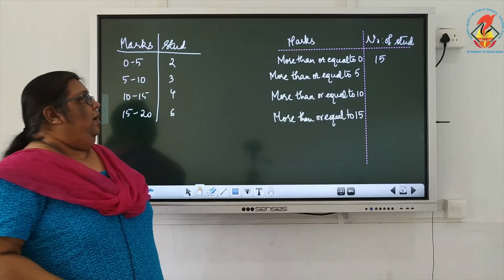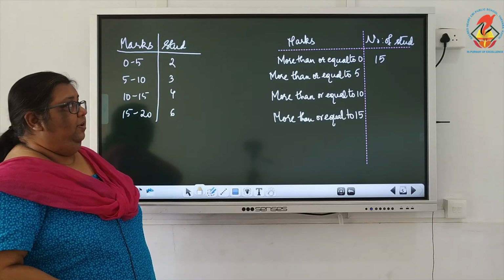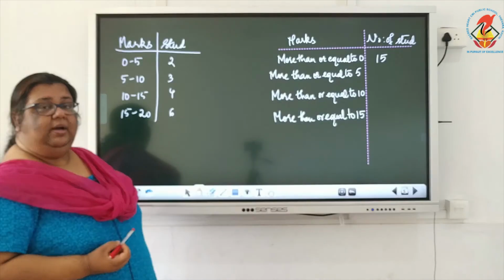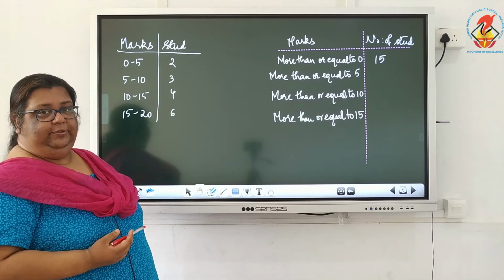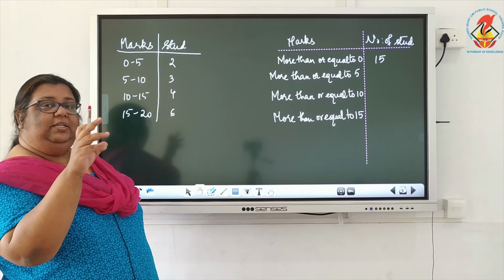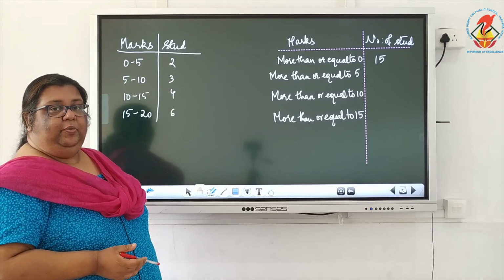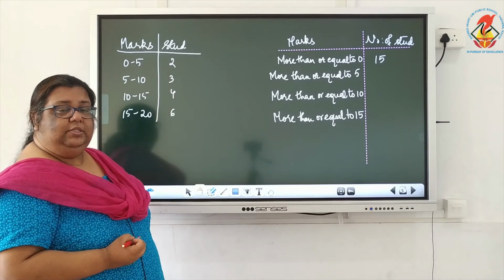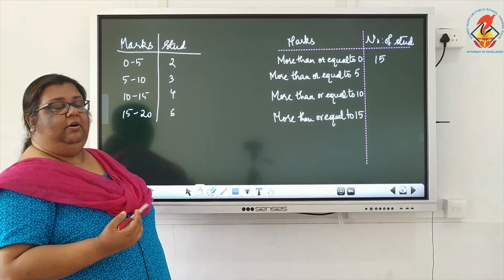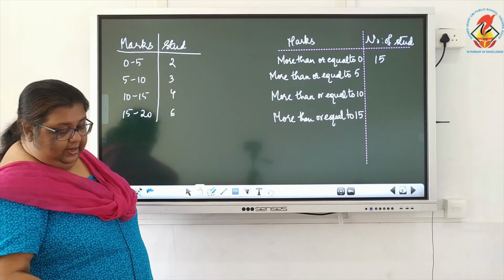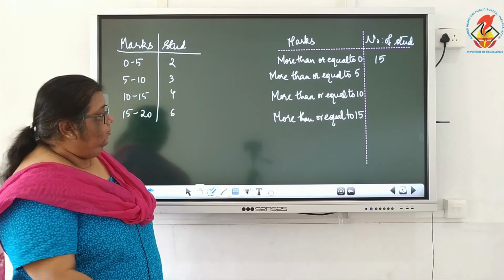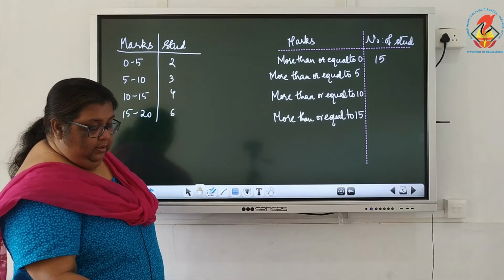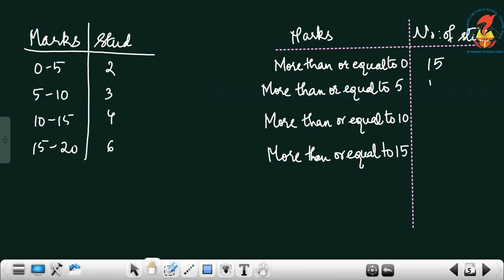Then more than or equal to 5, how many students got marks more than or equal to 5? So between 0 and 5 we are not taking, we are taking the number of students who got more than or equal to 5. How can we write it? It will be 15 minus 2, 13.